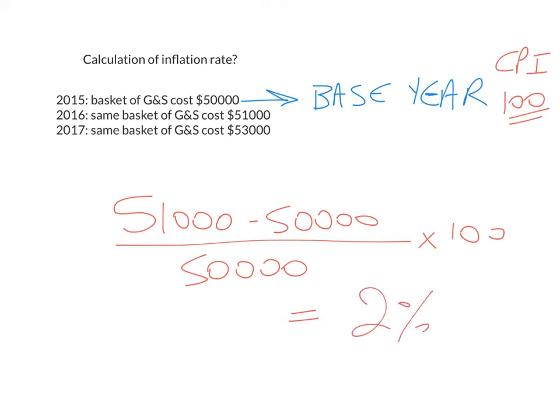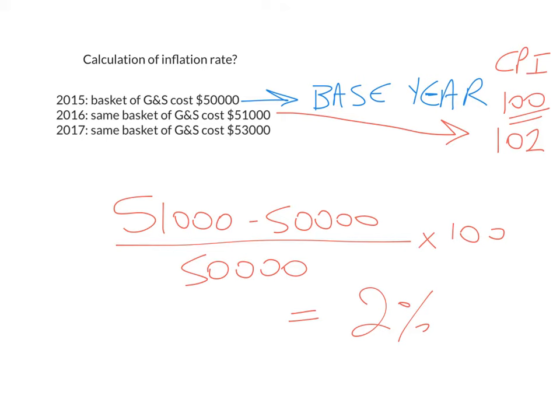That means the CPI for 2016 is 2% higher than the CPI in the base year, which means the CPI is 102. Now, if you do the same calculation between 2017 and the base year, it would be 53,000 minus 50,000.